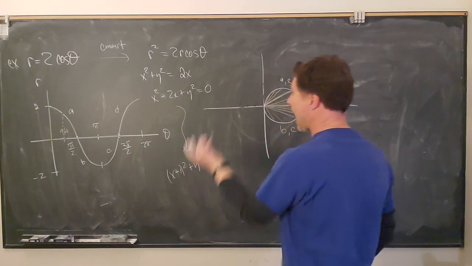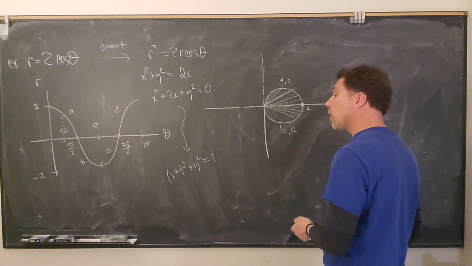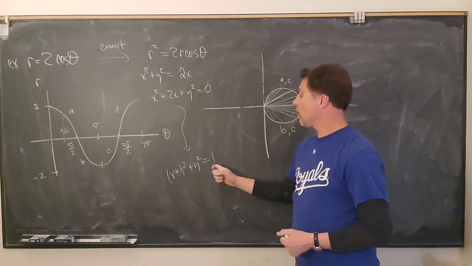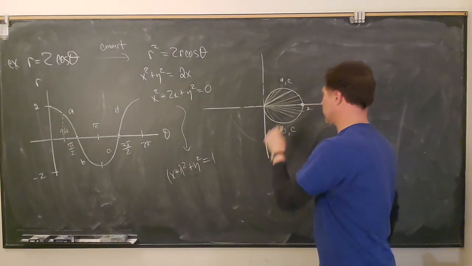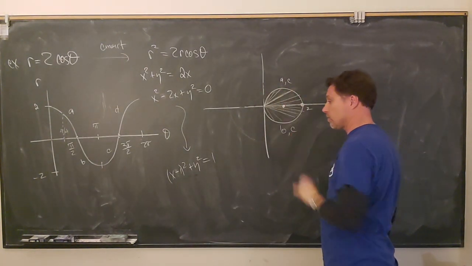Oh, sorry, that should be a minus. There we go. So what do we have? A circle of radius 1 with the center shifted over 1 unit, and that's exactly what we see here.